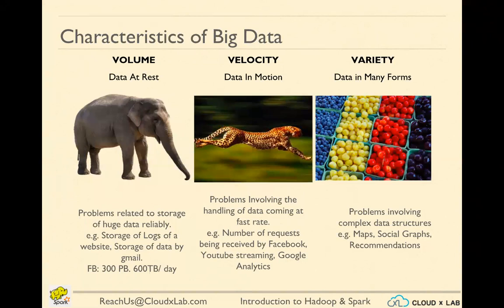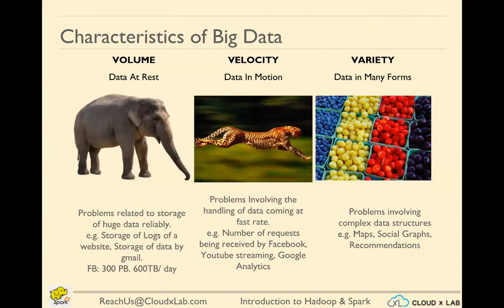So the characteristics of data are volume, meaning how much do we need to store the data at rest. Let's say we want to store really humongous data, and we can either use our normal file system or we could use HDFS. We'll talk about that later. So basically, when you have humongous data to store, your existing file systems may not suffice.